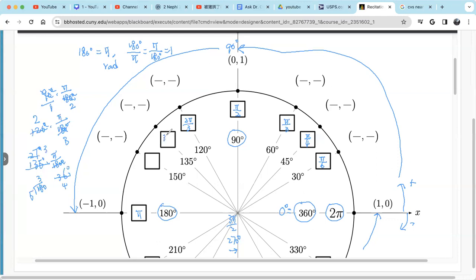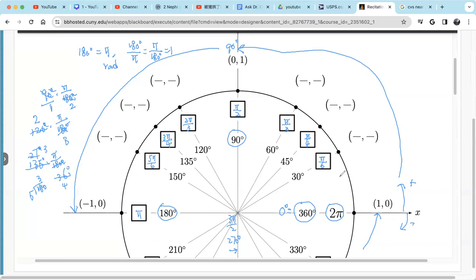So we have 3 pi over 4. And this one you can calculate, you should get 5 pi over 6, and so on and so forth. You should do this conversion, okay?